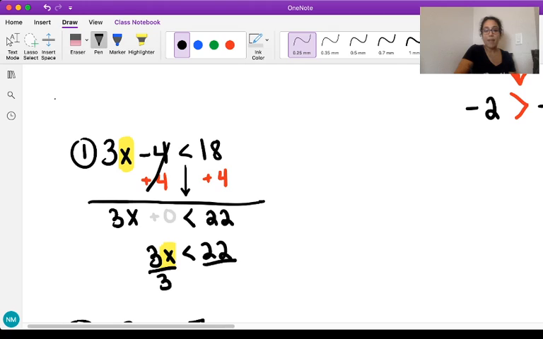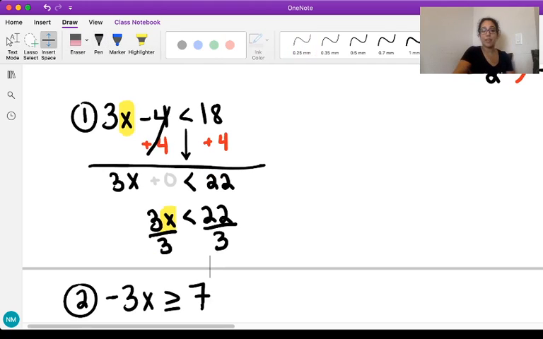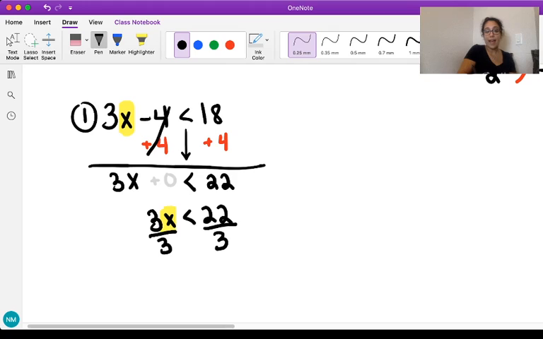When I divide by positive 3, I don't have to do anything. It's not a negative. I'm not dividing by a negative. So I get x is less than 22 over 3. This does not divide evenly, and it can't be simplified any further, so I just leave it as 22 over 3.